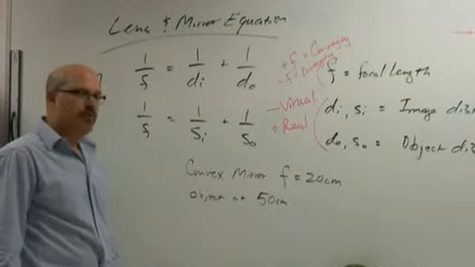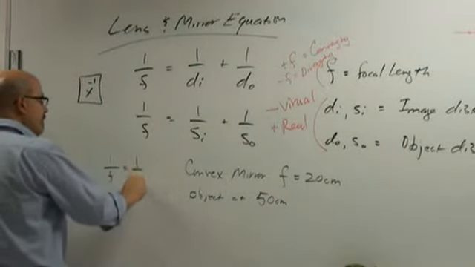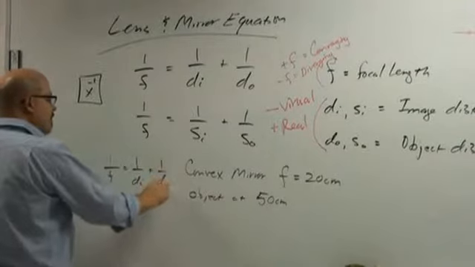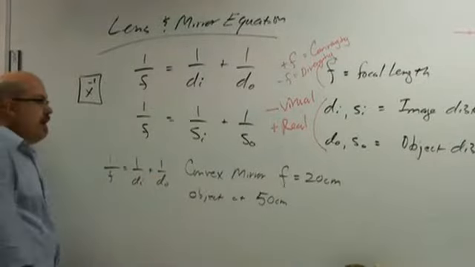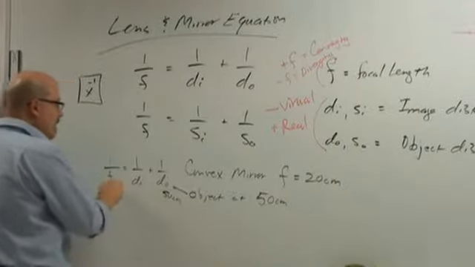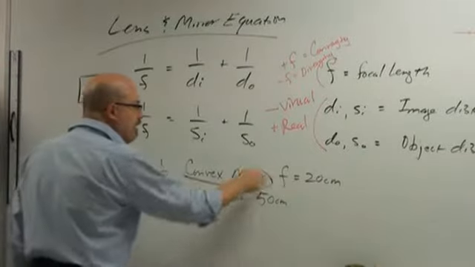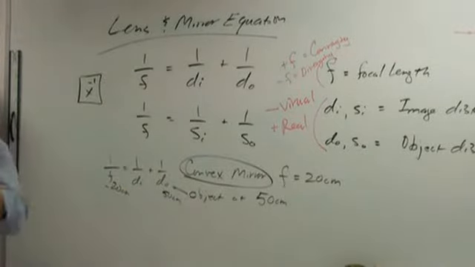Now look, what do I put in my equation? 50 goes in here. See right here? Negative 20 goes in here, because a convex mirror is a diverging optical device.